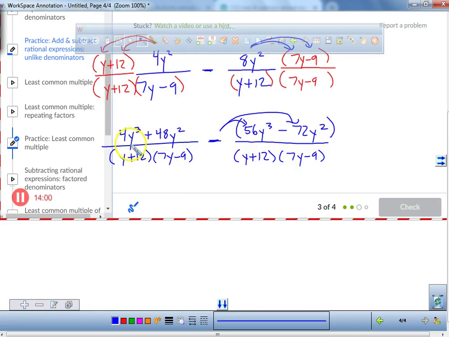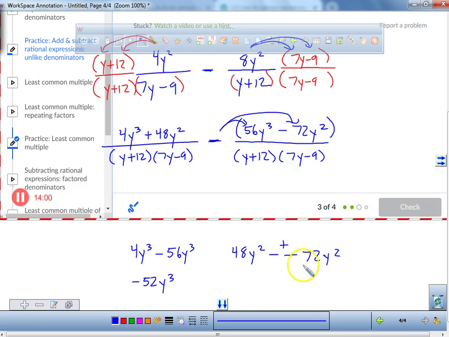Okay? So if I have 4y cubed, and I take away 56y cubed, what is that going to make it? It's going to make it a negative 52y cubed. But if I have 48y squared, and I take away a negative 72y squared, what's going to happen to these? Those negatives are going to cancel to a positive, so I'm going to put a plus here.